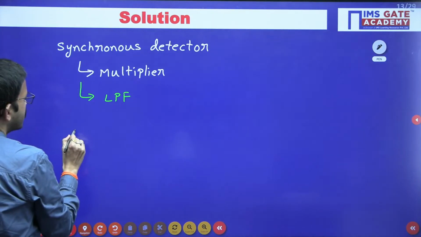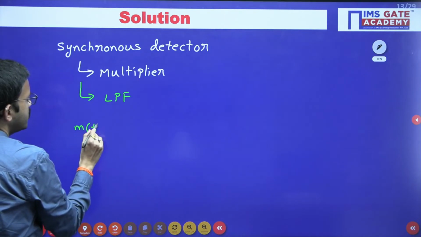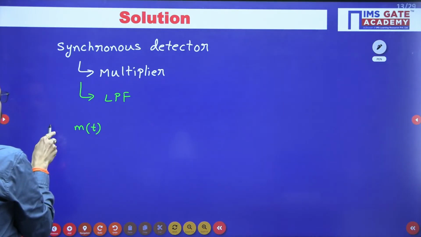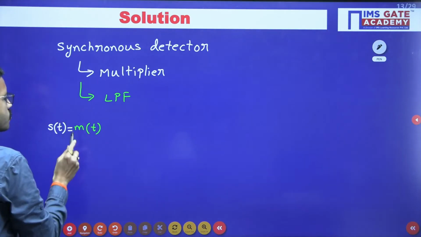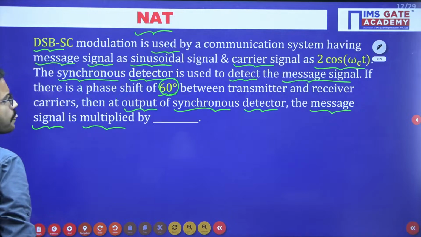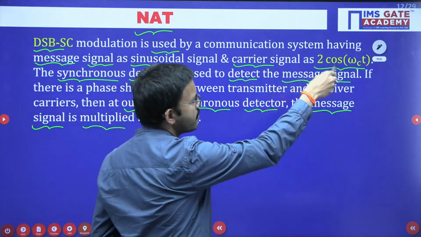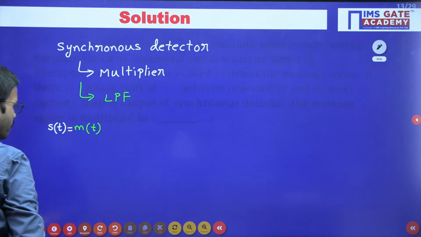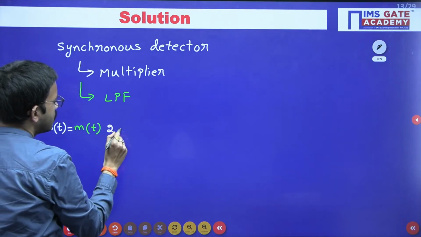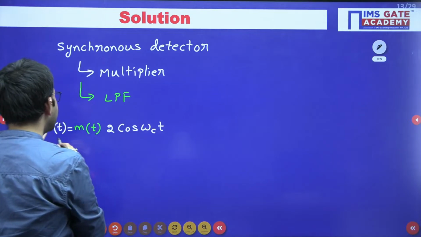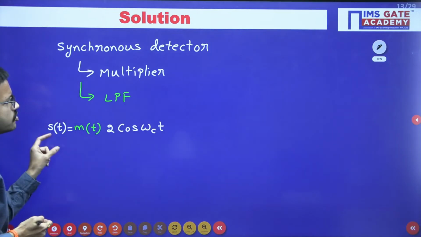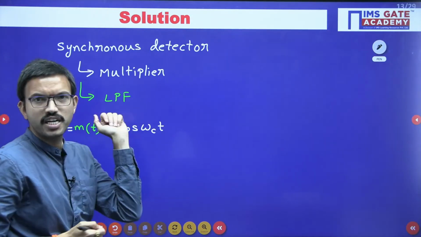Just observe, you have the modulating signal or message signal, m of t. First I am writing the s of t signal, which is a DSB-SC signal, having message signal m of t and carrier signal 2 times cos omega ct. This DSB-SC signal is given as one input to the multiplier.